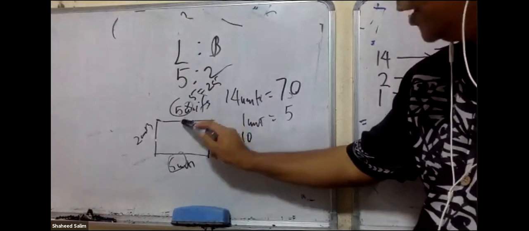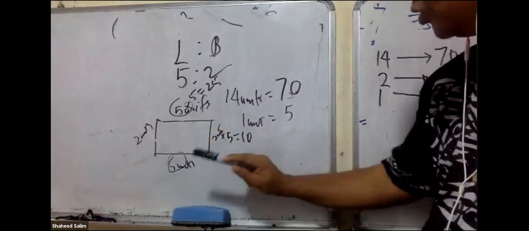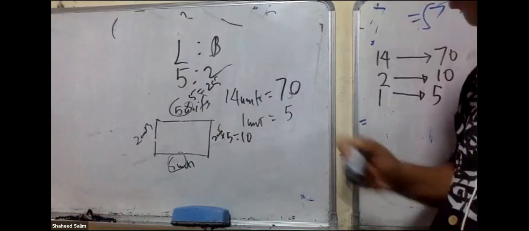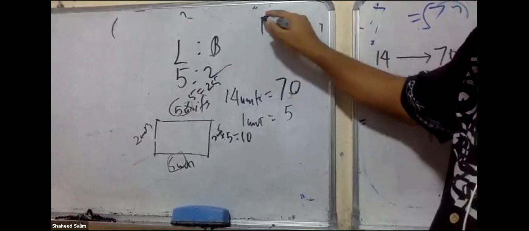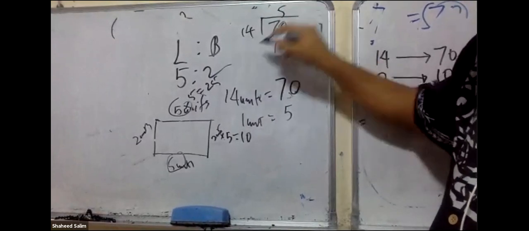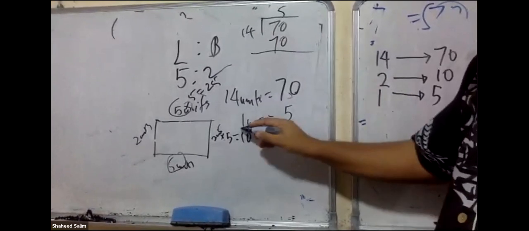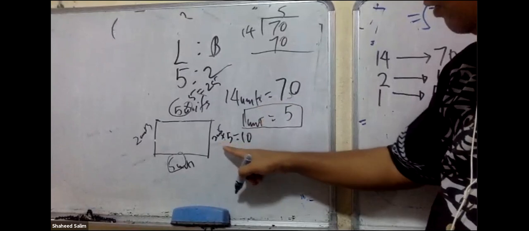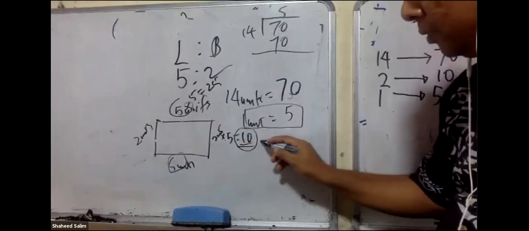So 5 units plus 2 units plus 5 units plus 2 units is 14 units, equal to 70. What is 1 unit? 70 divided by 14 is 5. So 2 units is 2 times 5, 10. Answer is 2, 10 cm.